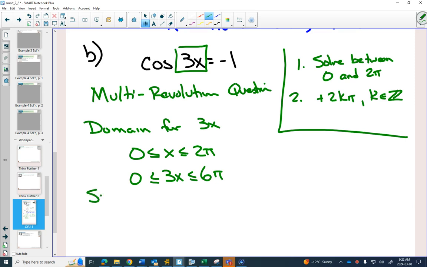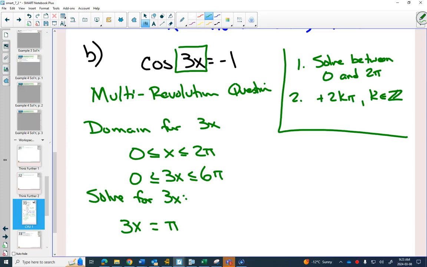Second, we're going to solve for 3x. Is -1 on your pi plate? Yes. Cos is your x coordinate. -1 is over here at pi. So the first time around the circle, it's going to be pi.